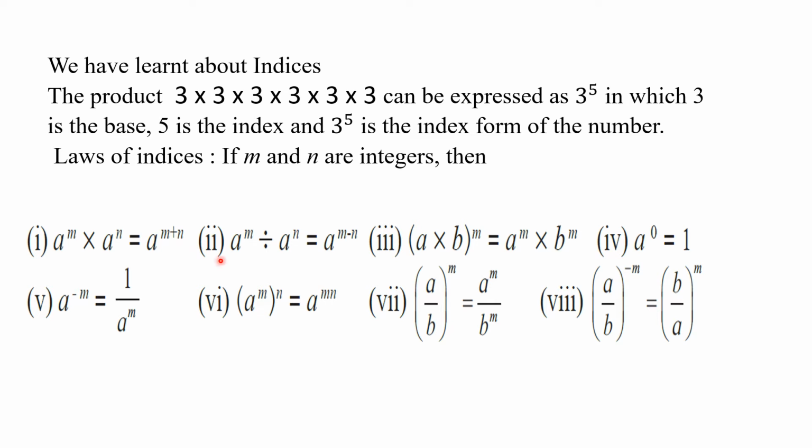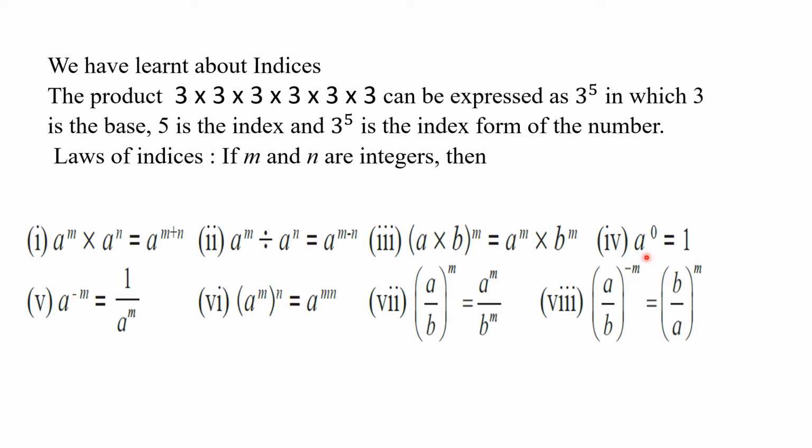The second rule, a raised to power m divided by a raised to power n is equal to a raised to power m minus n. The third rule, in bracket a into b bracket close raised to power m is equal to a raised to power m into b raised to power m.